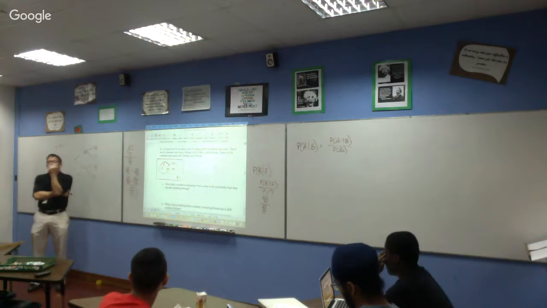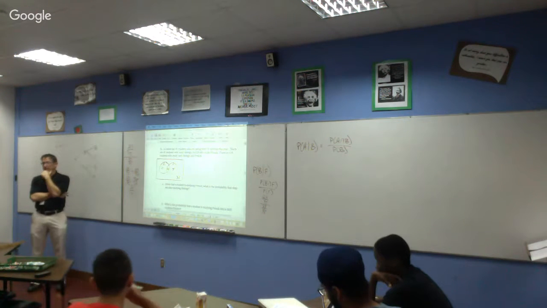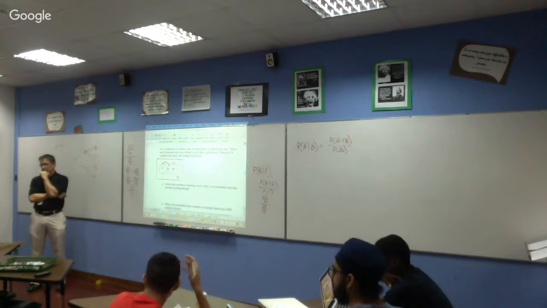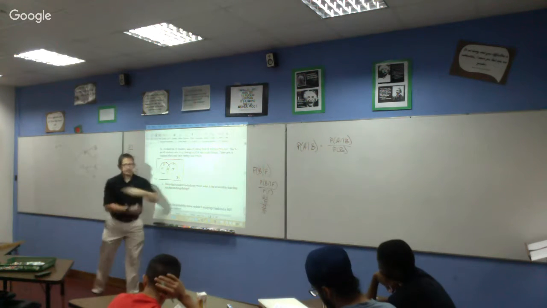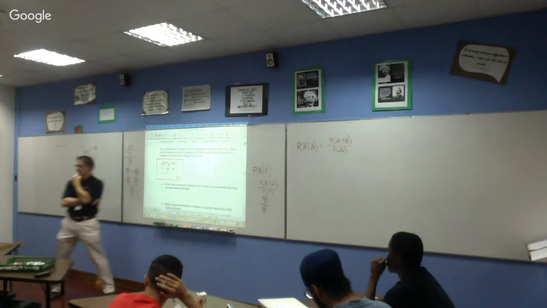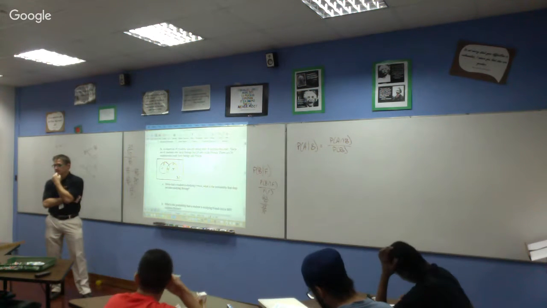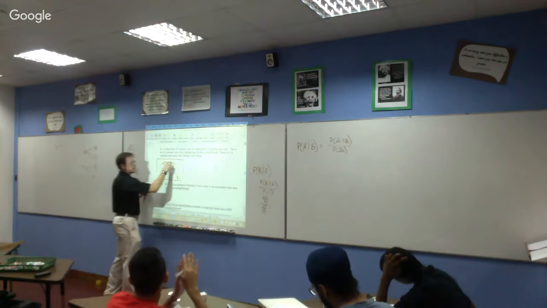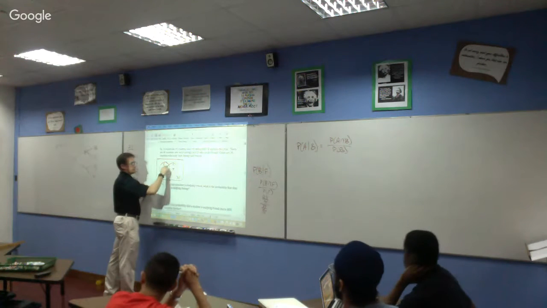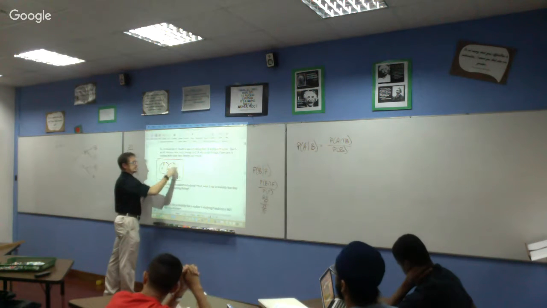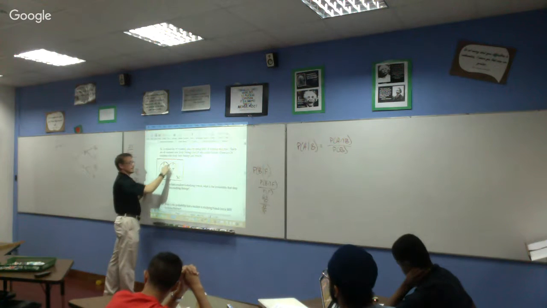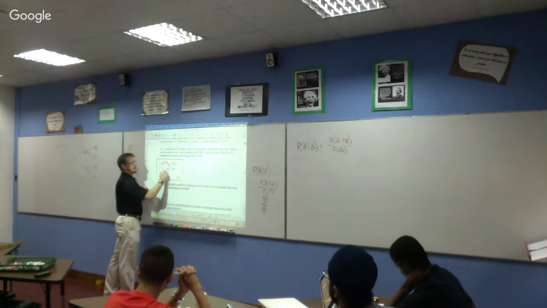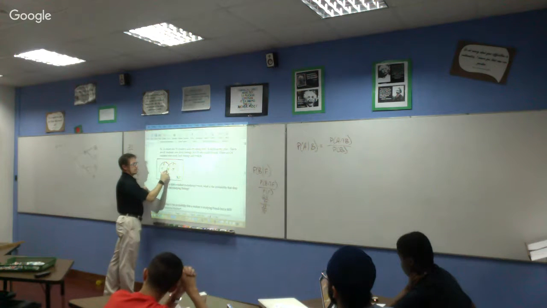Now, go to your Venn diagram. Given that a student is studying French, where is that? It's only in the circle of F. Nothing else matters. Out of this, how many people also study bio? 24.